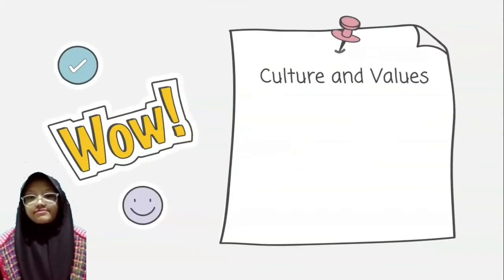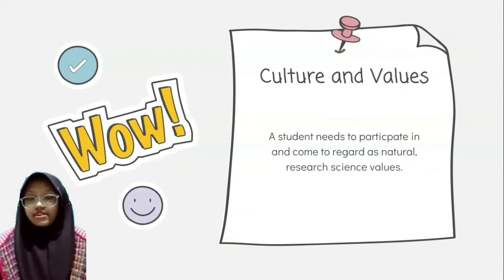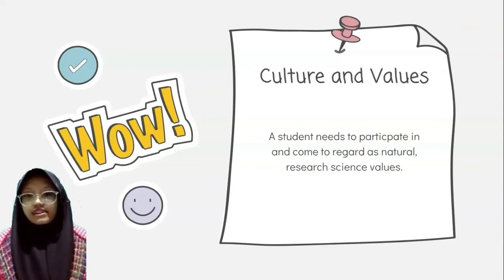Culture and values. To become a member of a science discourse community, a student needs to participate in and come to regard as natural research science values that science is quantitative, repeatable, and ideally free from bias. Engineering values, by contrast, are concerned with the design process and problem solving within set specifications.